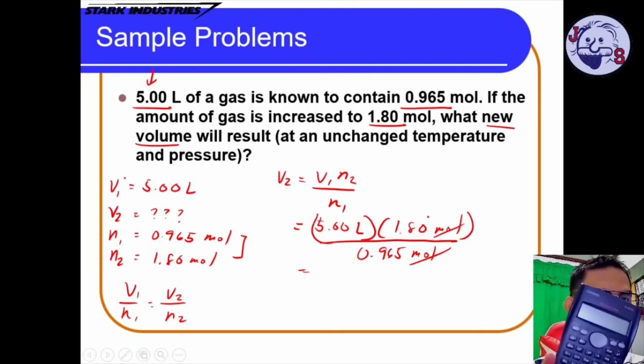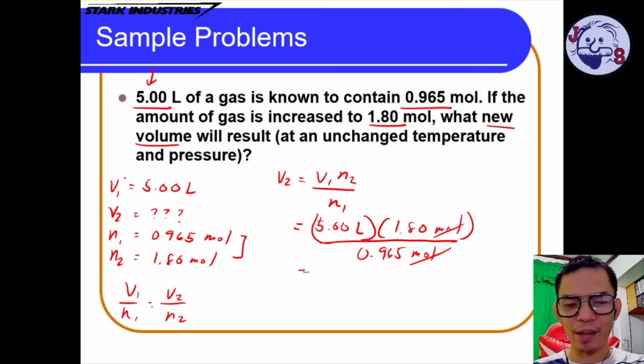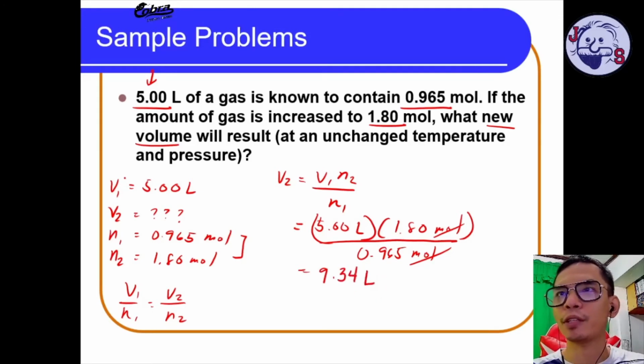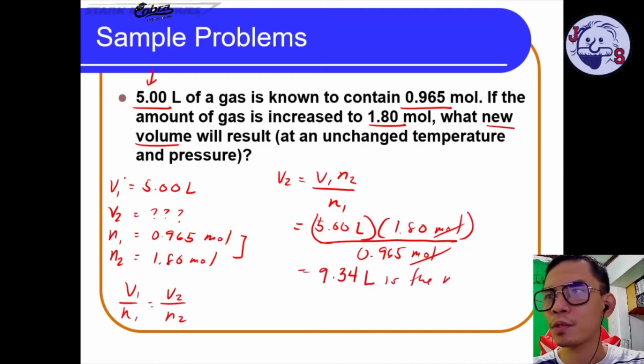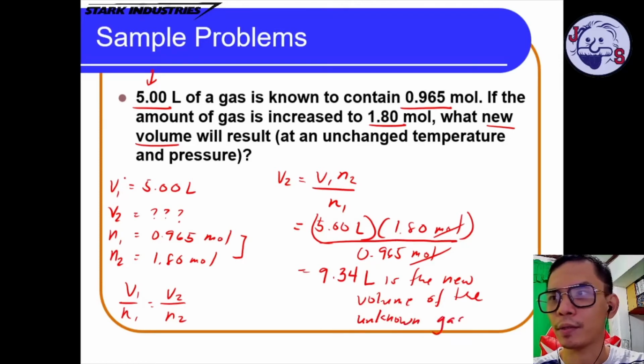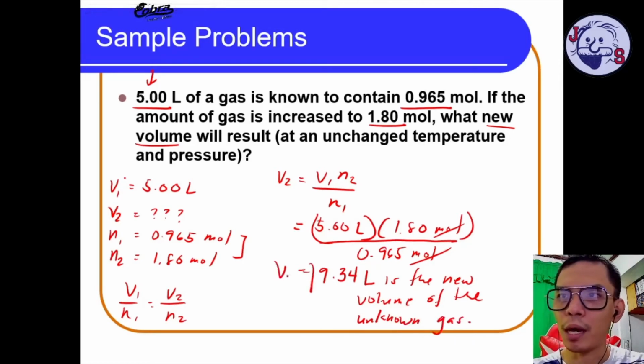Using our calculator, 5 times 1.8 divided by 0.965, the answer is 9.34 liters. So 9.34 liters is the new volume of the unknown gas. This will be our answer for this problem.